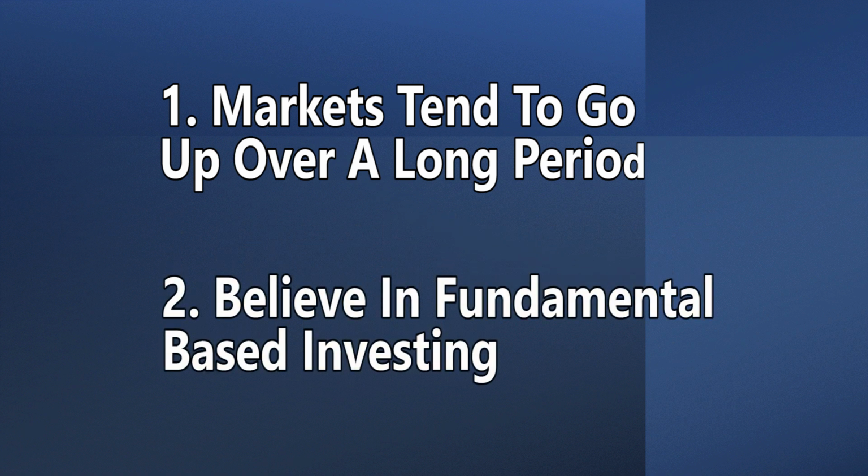And number two, that we believe in fundamental-based investing, meaning that the stock price of a company should follow its fundamentals over time. So if we believe in these two key pointers, there's really not much to fear in times of great volatility. In fact, we'll be able to use the VIX Index as a guiding point. For example, we'll be able to see that the index typically trades at a range of around 10 to 30 points.